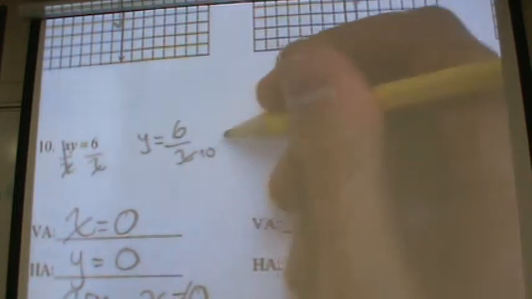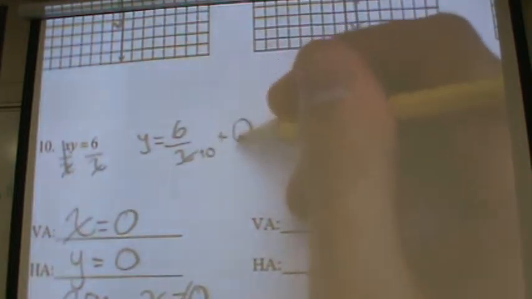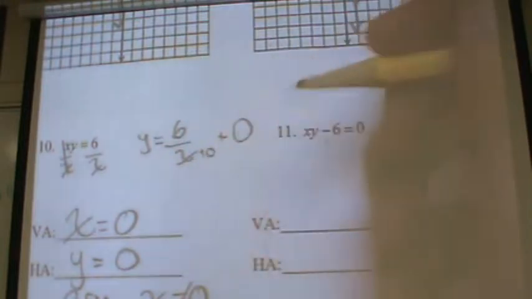Then it's going to be 0 and 0 because there's nothing to translate it by. Right, this would be your up and down, your y, and then this would be your x, but there's nothing there, so you just plug in a 0. Right, so 6. xy will equal 6, divided by x. y equals 6 over x.